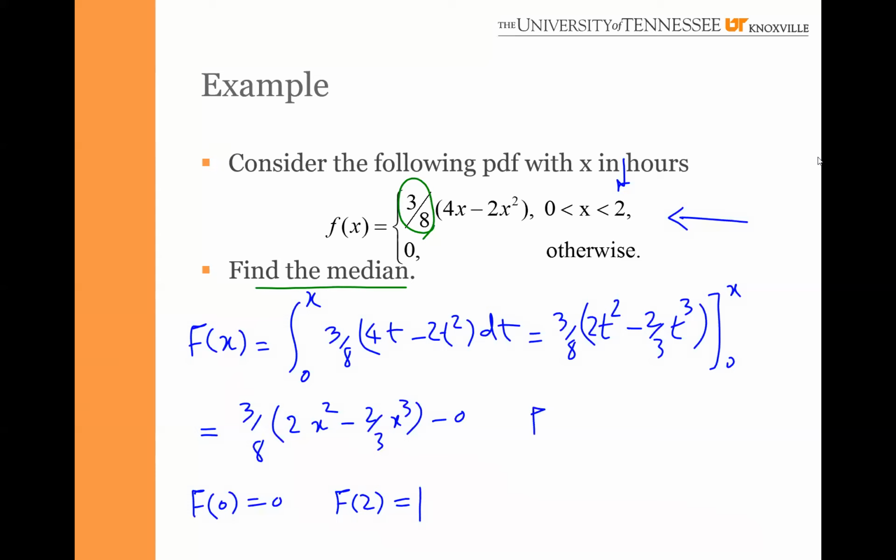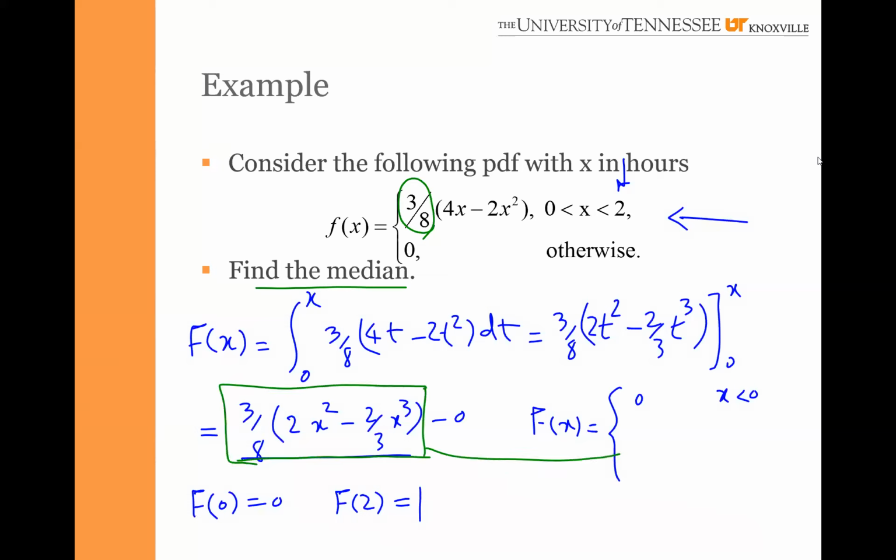So my overall f(x) will be 0 for x less than 0. It's this function for any point between 0 and 2, and 1 for any x greater than 2. Right?